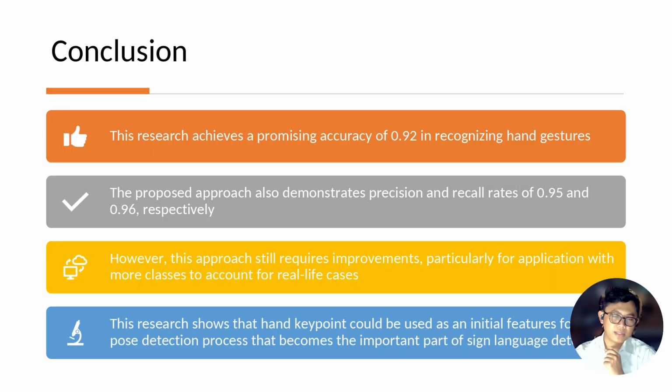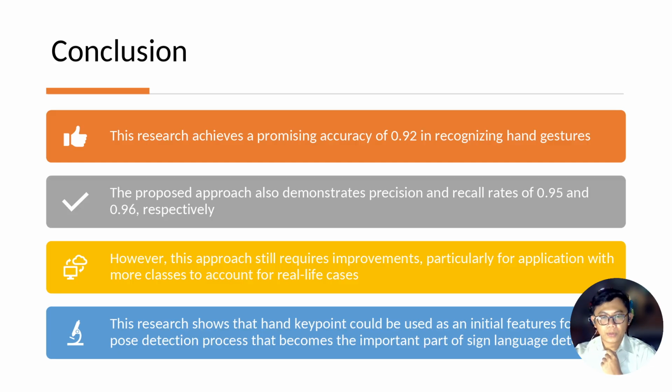So the conclusion is that the research achieved a promising accuracy of 0.92 in recognizing hand gestures, which is very good compared to the baseline CNN that does not use key points as features. The proposed approach also demonstrates precision and recall rates of 0.95 and 0.96 respectively.